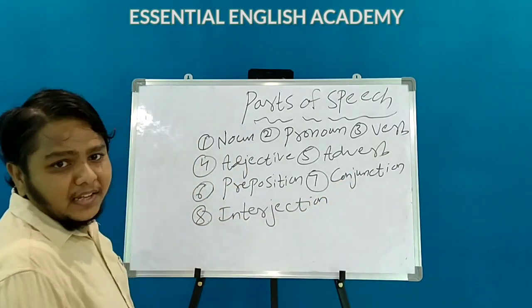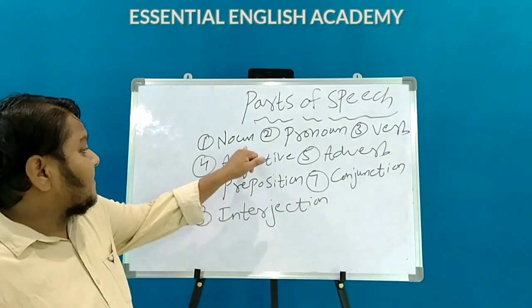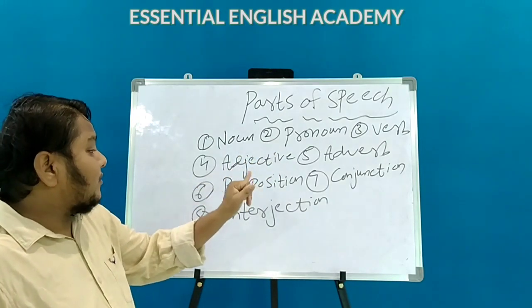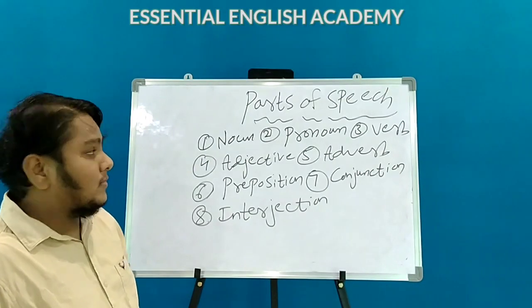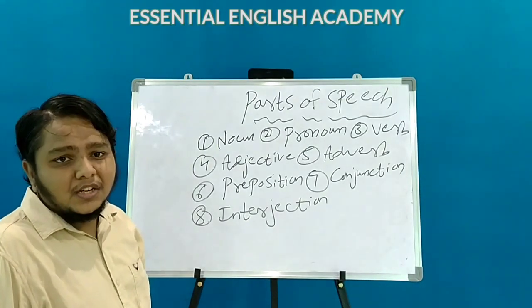So there are eight parts of speech in the English language: noun, pronoun, verb, adjective, adverb, preposition, conjunction, and interjection. These are the parts of speech.